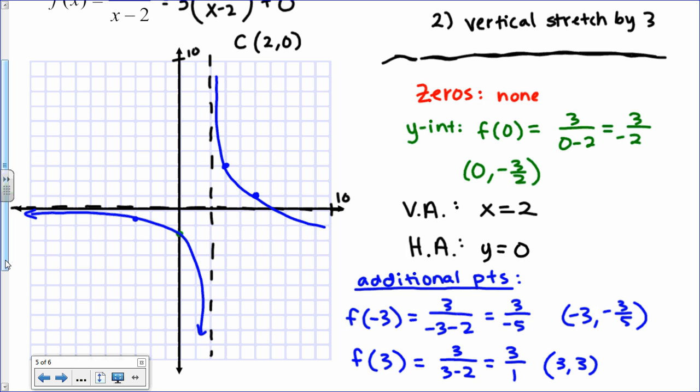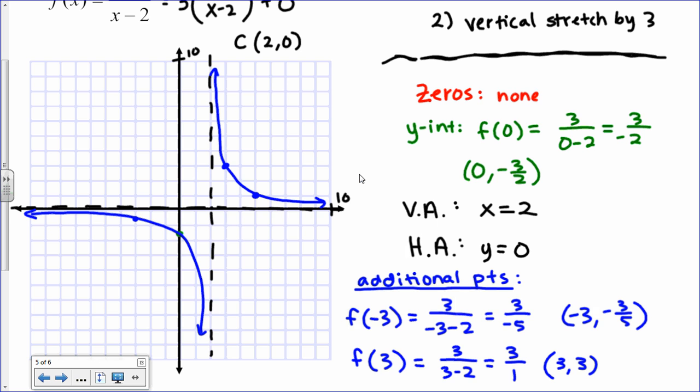Okay? Asymptotes are there for a reason. They do not touch or cross. They get closer and closer, but they don't actually touch or cross. So take the time to draw your graphs the best that you can. Do not cross the asymptote. Okay. Any questions about that?